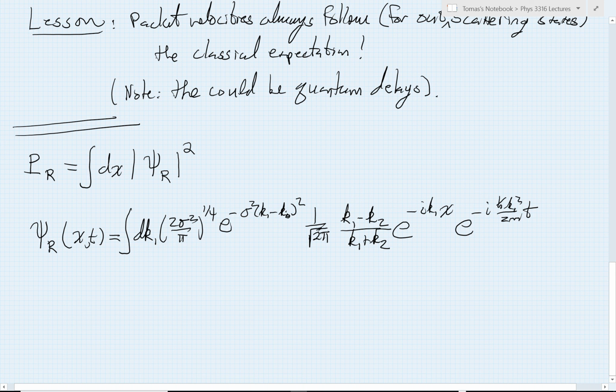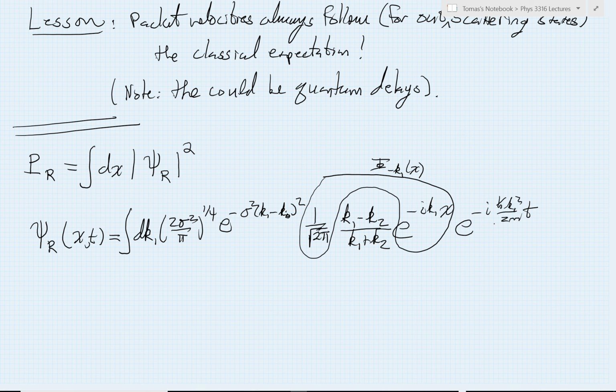But what I have here for my position representation looks a whole lot like a Fourier transform. This is really just a superposition of pure states of momentum. This 1 over 2 pi multiplies this. This is some pure state of momentum. It happens to have a momentum minus k1 of x, but it's a pure state of momentum nonetheless. So this looks like a quantum superposition. And in fact, I know the weights in my quantum superposition.